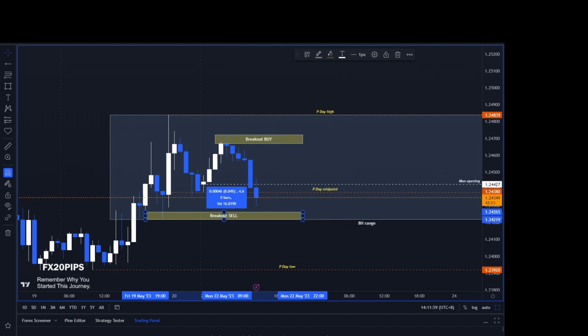Why is this important? Because if the price were to keep going down, and for you to get involved in selling trades, where would your likely stop loss be? I will put it just above here. So it gives you an idea that you have a structured method of putting the stop loss, and at this point this could be 5.6 pips.